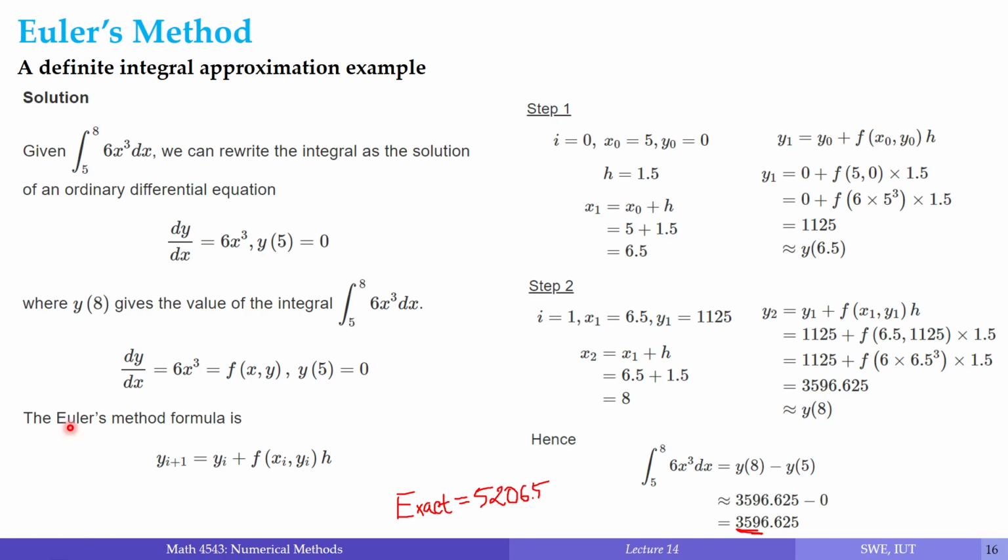Otherwise, you'll end up with approximations that overshoot the actual value, very far from the exact value, as this example is an exhibit of. As you can see from here, the approximation of an actual value of 5000 something is 3500 something, right?